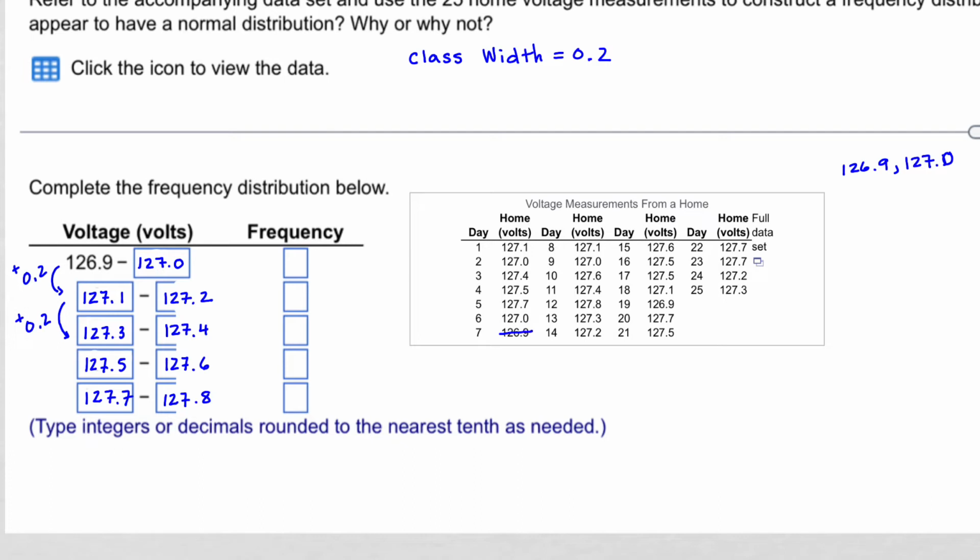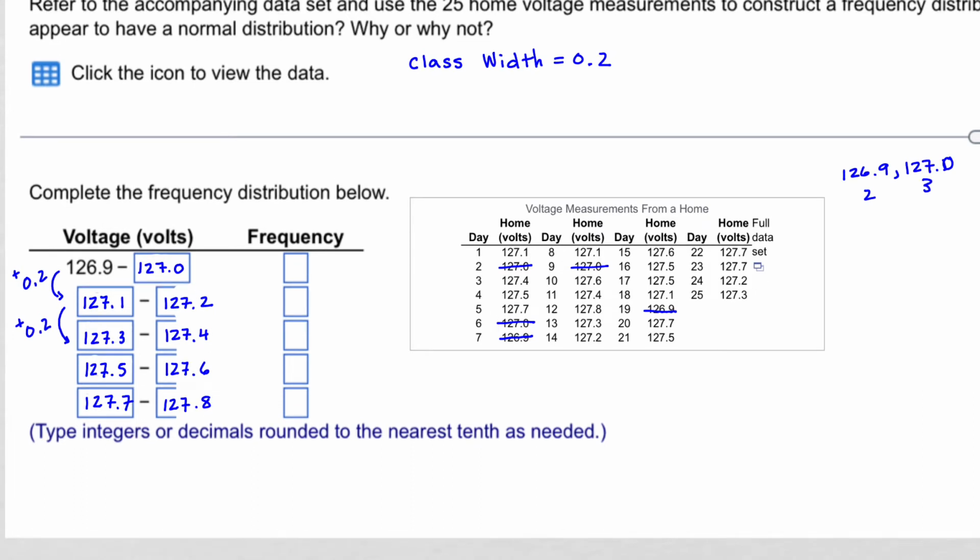So we have that. 2 of those. 127.0. 1, 2, 3 of those. So altogether we have 5 values. And that's my frequency for that.